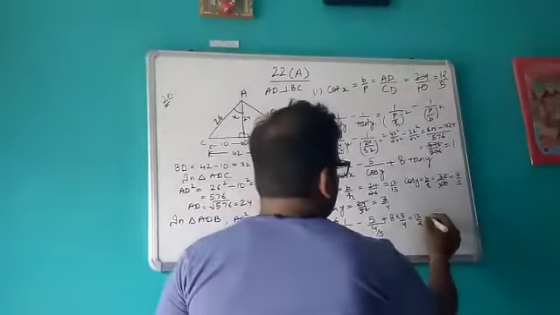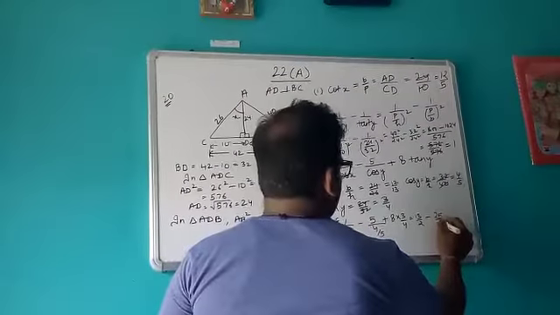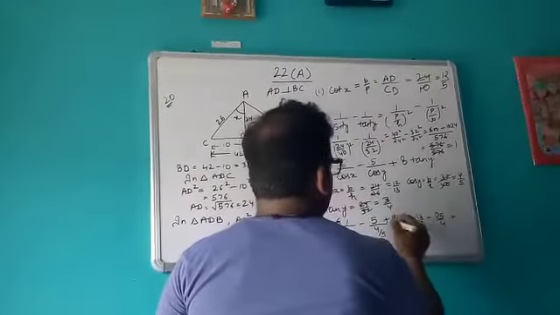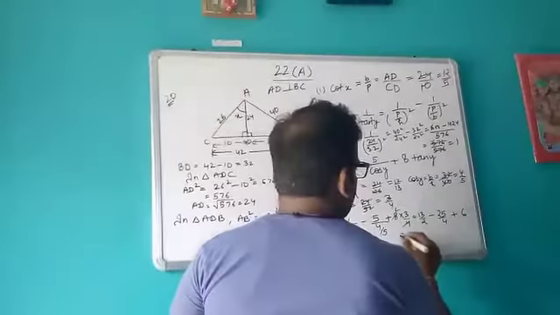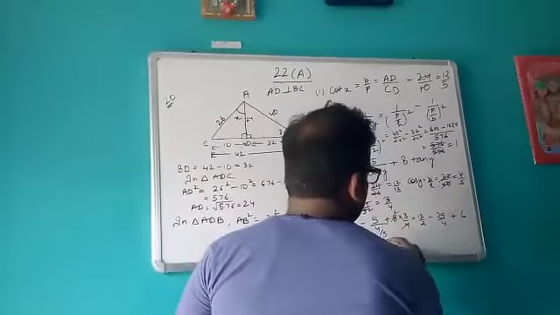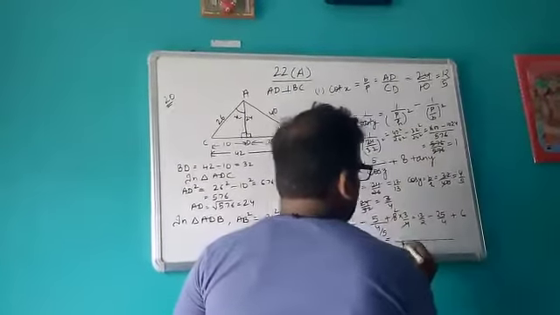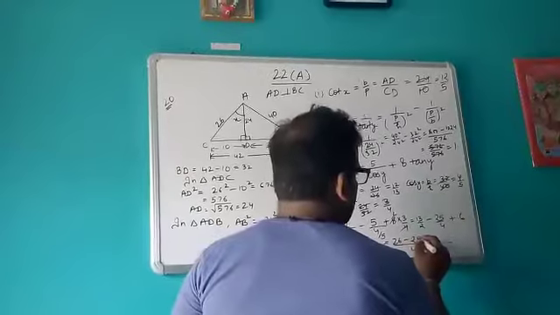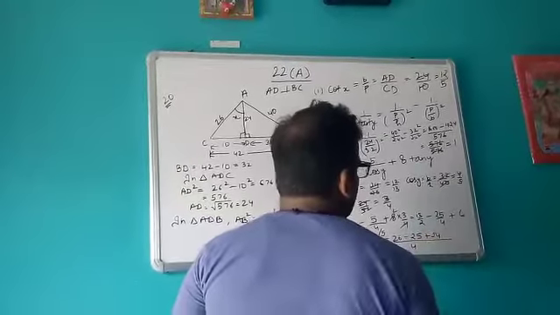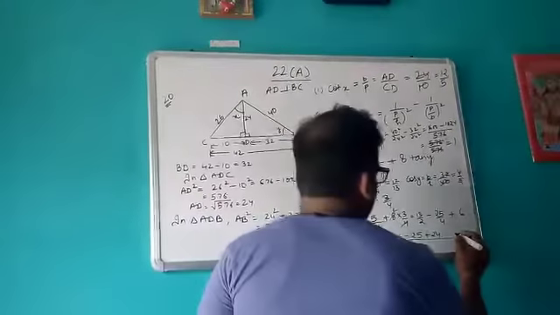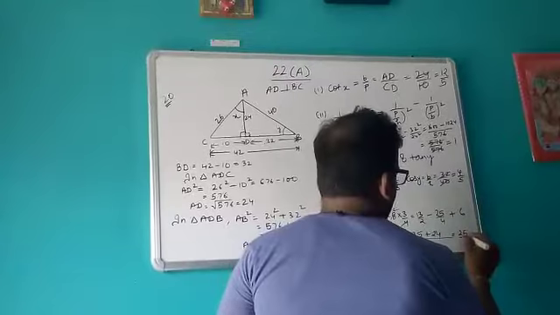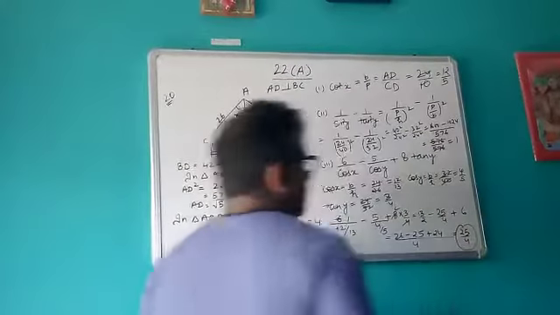Then it becomes minus 4, plus 8 into 3 upon 4, that is 6. So we will take the LCM. LCM will be 4. So it is 26 minus 25 plus 24, that is 25 upon 4. So this will be your answer.